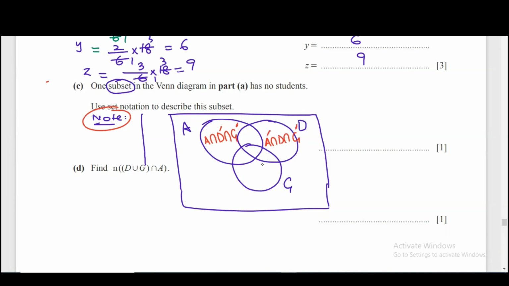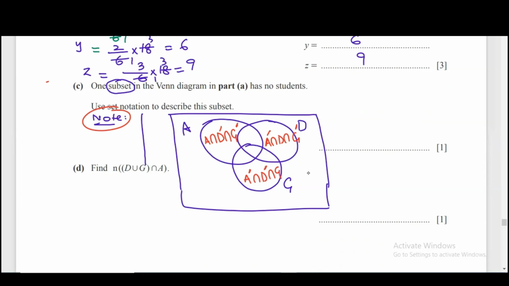There is also A intersection D intersection G, and this region is beyond A and D here, so it is A and D complement, because this is beyond A and D.